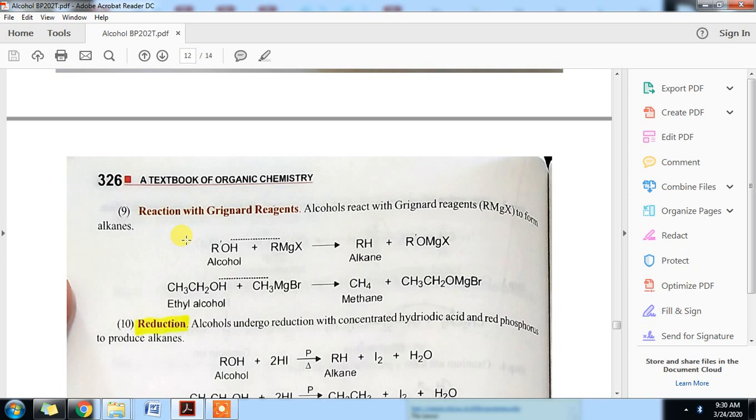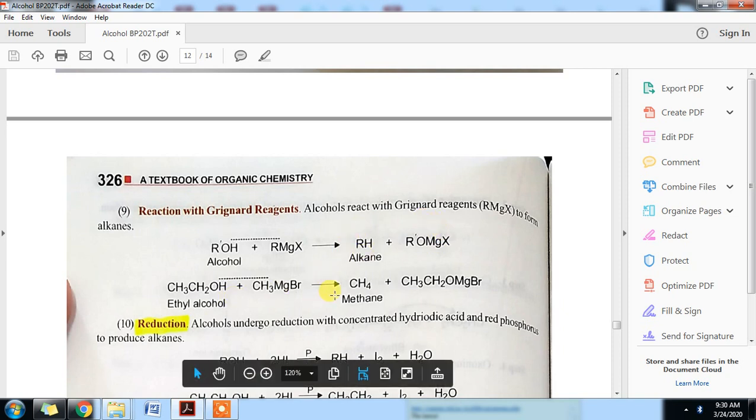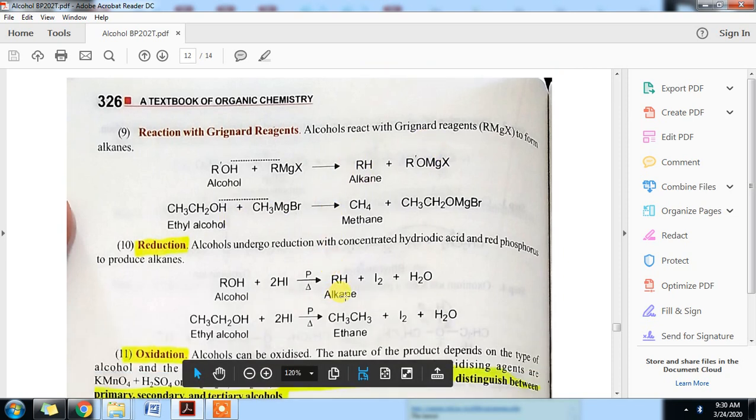Next, you studied the Grignard reagent, how upon reaction of alcohol with Grignard reagent, what is the product. In alkane preparation you have already studied that alcohol upon treatment with Grignard reagent is going to form an alkane. Okay, so it's very easy, you can remember this.